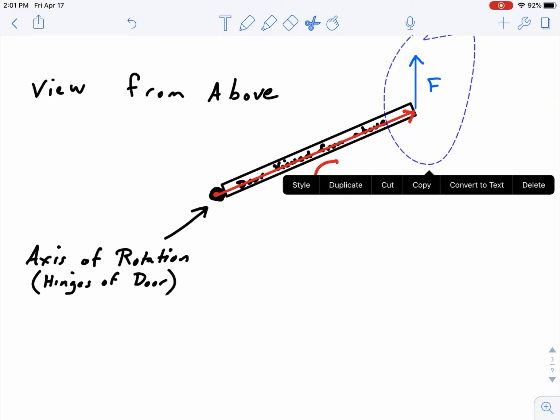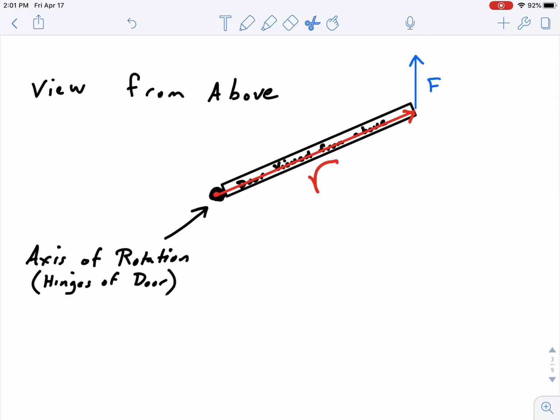And this is actually going to affect how much torque you're getting, and you're not going to get as much angular acceleration as you were before because of the angle of that force. So this is just getting at the idea that the angle is going to be important.